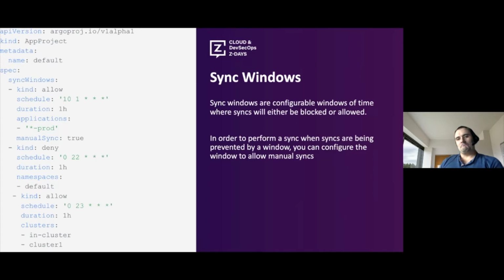And Argo CD supports sync windows. You could specify at which time it will automatically sync, and at which time it's denied to sync automatically. And you could also specify manual syncs, for example, if you need to deploy some hot fixes at work time. Argo CD supports this.